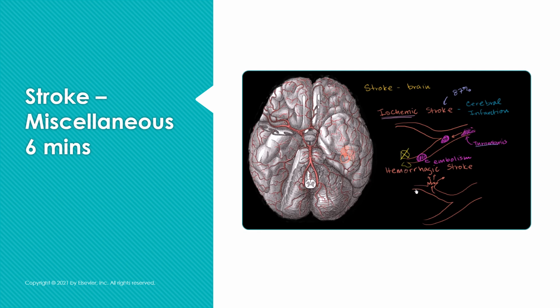And it would also cause the blood flow further downstream to be impaired, because the stuff downstream isn't going to get the blood it needs since all of the blood is being released everywhere else. And since 87% of strokes are ischemic strokes, the remainder are hemorrhagic. So this is the remaining 13% of strokes.